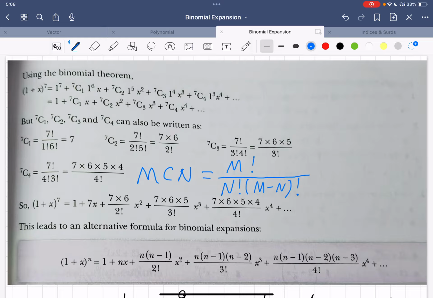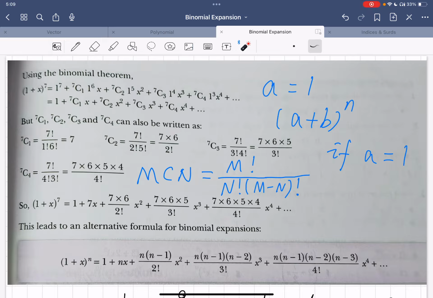Now, let me clarify this thing. Whenever you start with 1 plus something, in this case a equals 1. Generally, we have a general form: a plus b to the power n, right? But if a equals 1, we've got a particular special formula here.